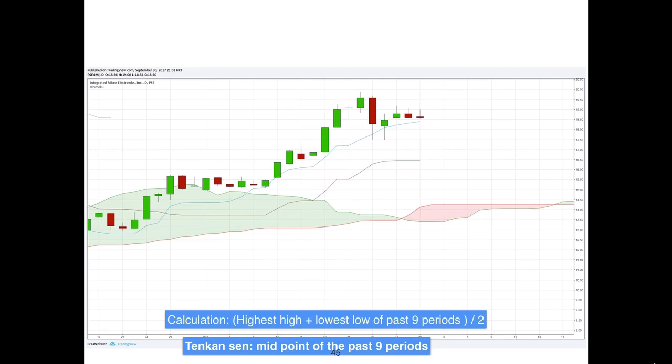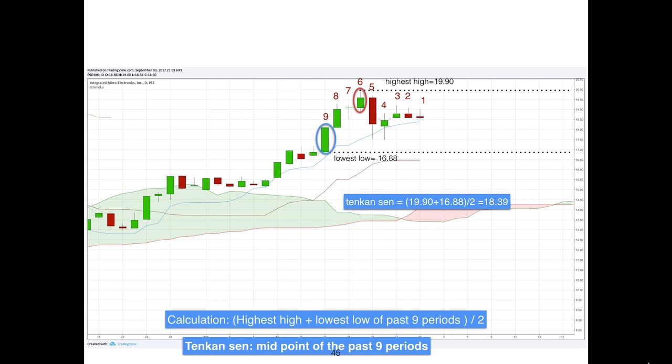The Tankenson is the midpoint of the past 9 periods. So we count 9 periods back. Then we add the highest high. This is the chart for IMI, and the highest high for the past 9 periods, as of September 30, 2017, was 1990, and the lowest low was 1688.